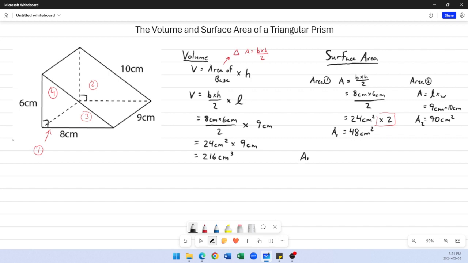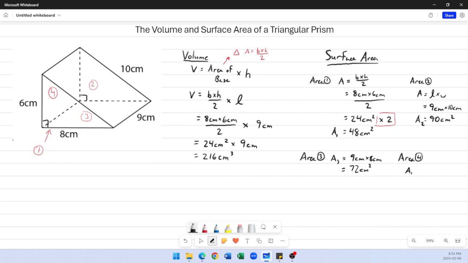All right, let's move along to area 3. The area of that, which we'll say is area 3, is going to be the base. So that is 9 centimeters times 8 centimeters. Once you've used length times width once, you don't need to use it again. You can just throw your numbers in. So 9 times 8 is 72 square centimeters, because we're doing area. Similarly, we'll do that for number 4.